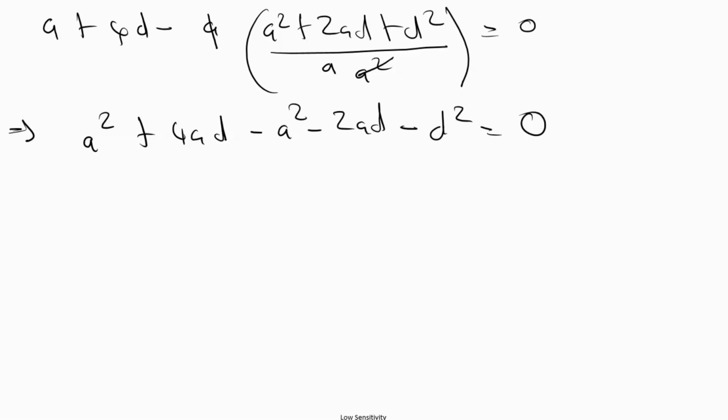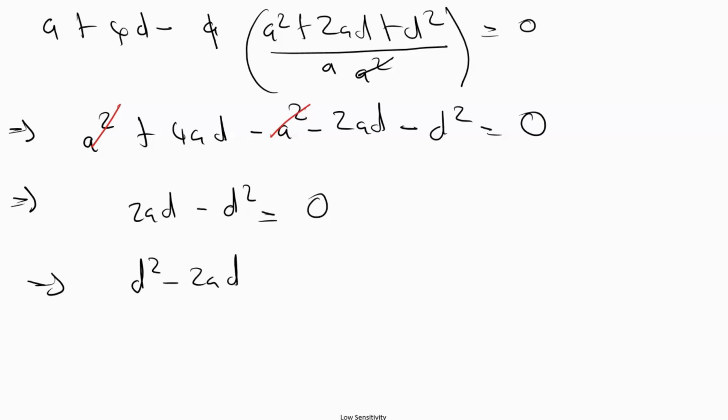Some terms will cancel here. The a squared will cancel. So 4ad minus 2ad gives 2ad minus d squared equals 0, which we can say is d squared minus 2ad equals 0.